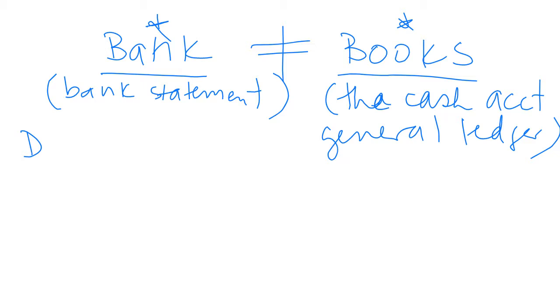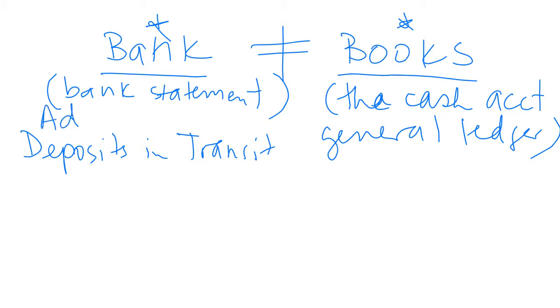This is an adjustment that would increase the bank side of the reconciliation. Deposits in transit are outstanding deposits. Those are recorded by the company, but not yet by the bank. Those should be added to the bank side of the reconciliation.